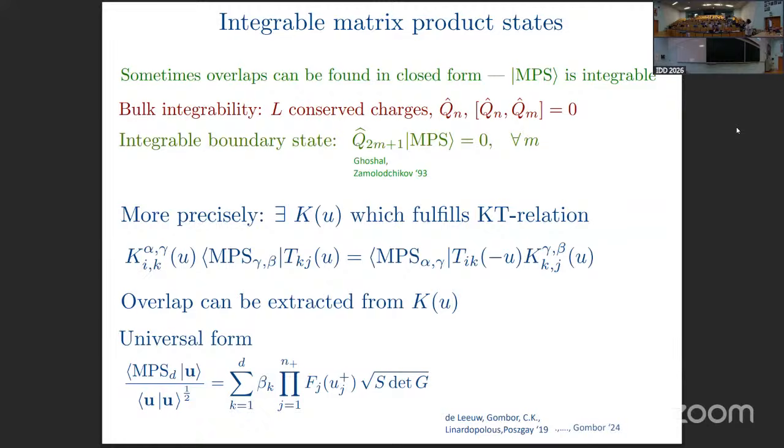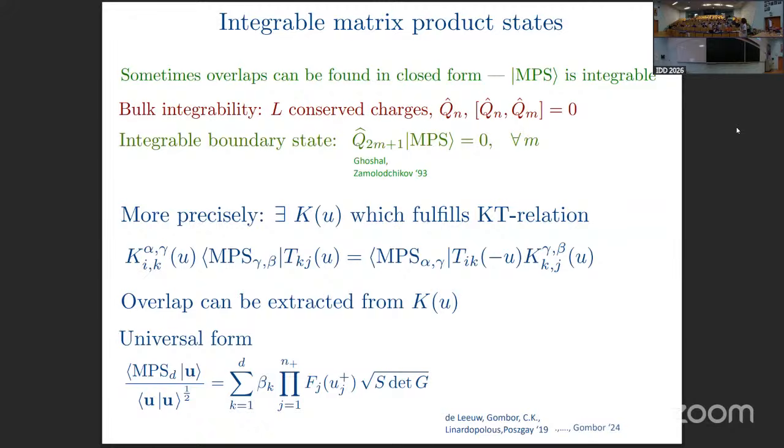If it can be determined, then the matrix product state is integrable, and you can extract the overlap from K with a recursive procedure. Moreover, the overlap always takes the same universal form. I will not go into the details, but this is what it looks like. And let me just mention that this D here is the bond dimension of the matrix product state.